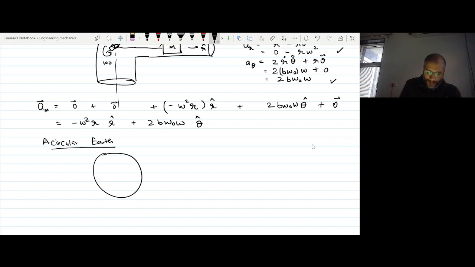We don't really need to call it a circular earth. It could be a disk sitting on a disk. So it's basically a circular frame. So in this case you have the center B and you have a point A that you are trying to understand. So basically what we are doing is we have the disk moving around B at omega.